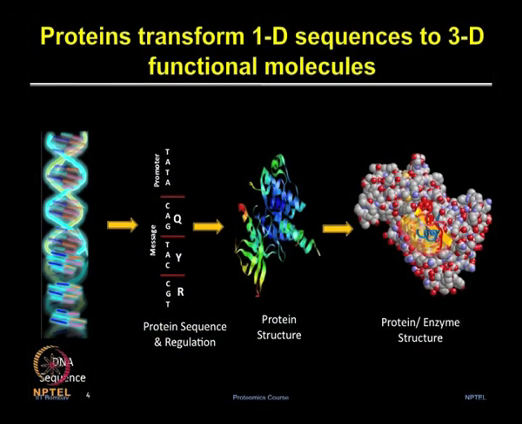If you look at the central dogma, from DNA to RNA to protein, proteins can transform the one-dimensional sequence into three-dimensional functional information. Proteins can have a wide range of functional properties because of their different functional groups, which account for various protein functions and activity.